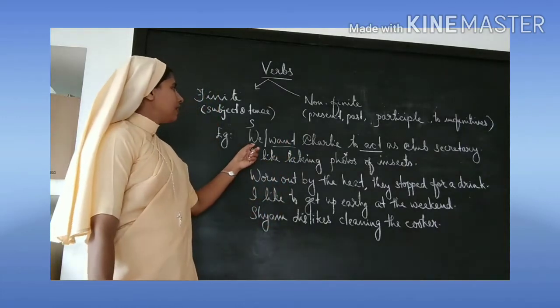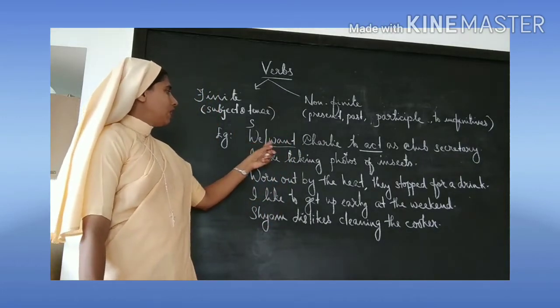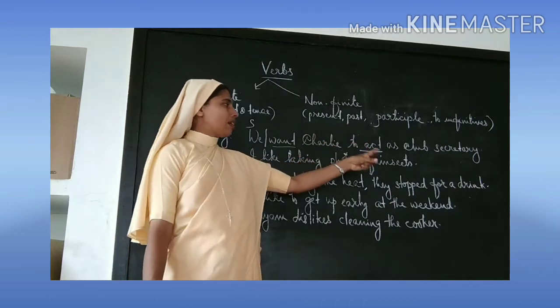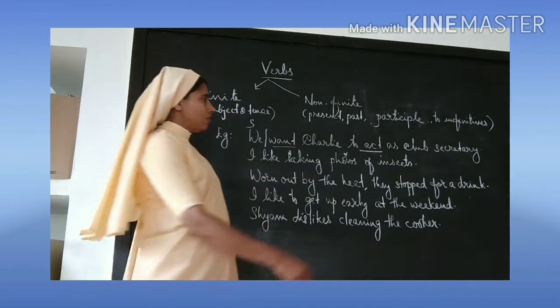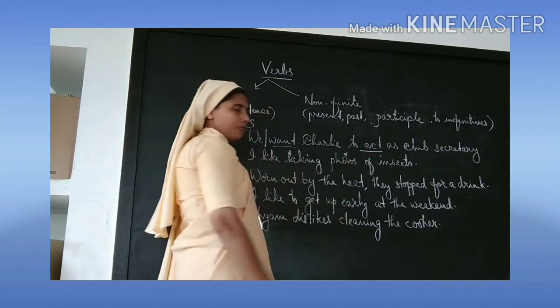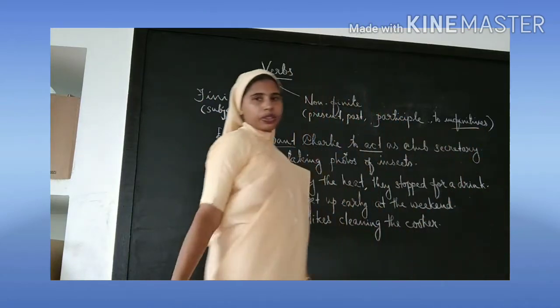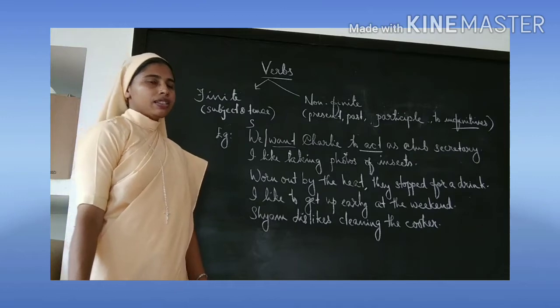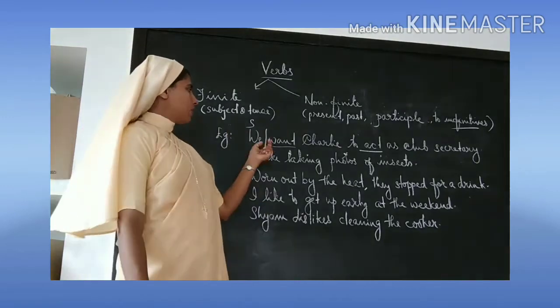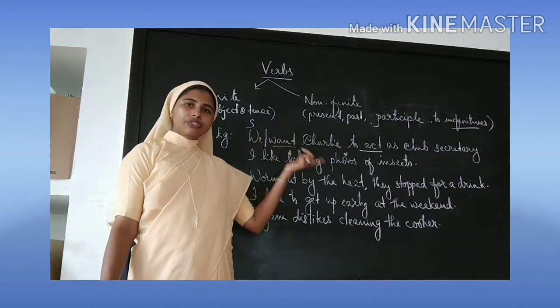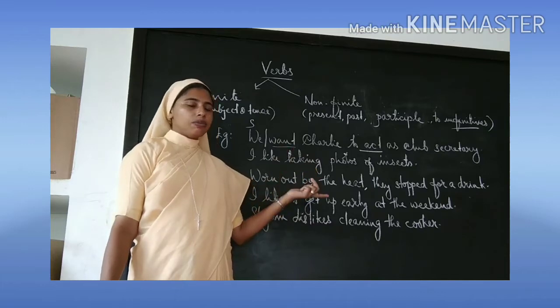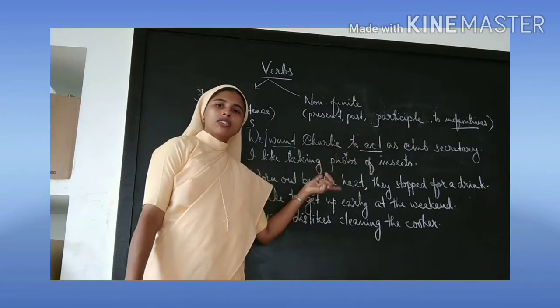We want Charlie to act as club secretary. In which category can it be included? That is the to-infinitive. That means even if we change the tense or the subject, this verb remains the same.